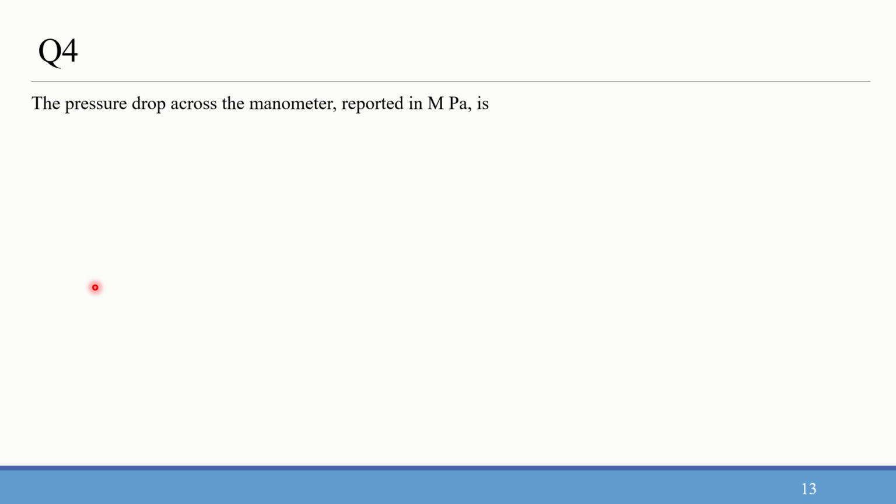Now in question 4, the pressure drop across the manometer reported in megapascal is dash. So here the question is about the pressure drop across the manometer. We are not given the H; in the question, H is actually unknown.